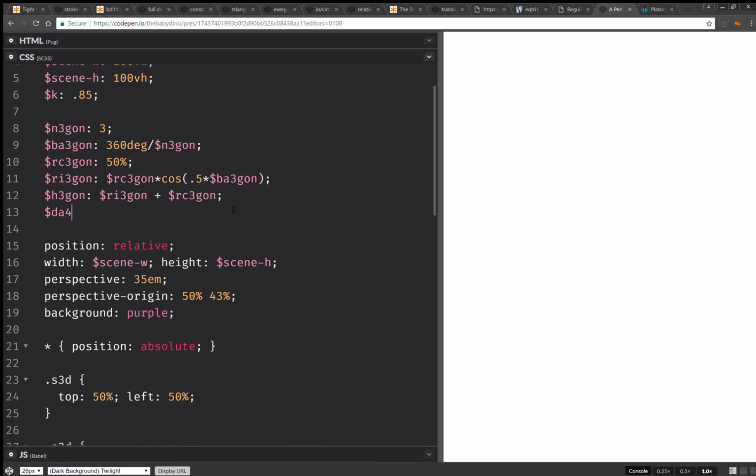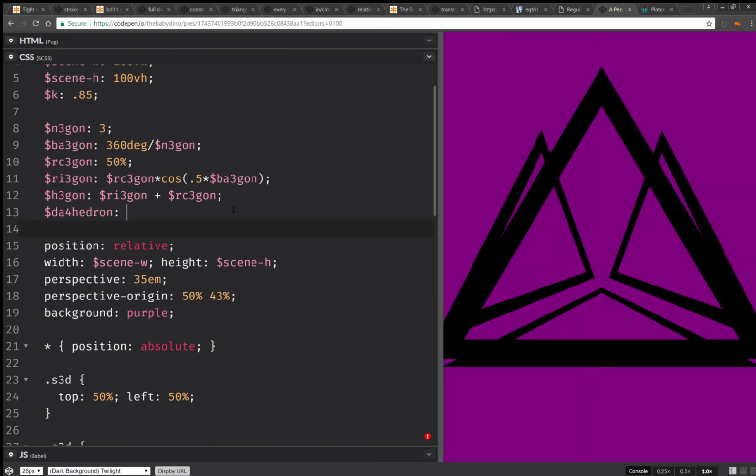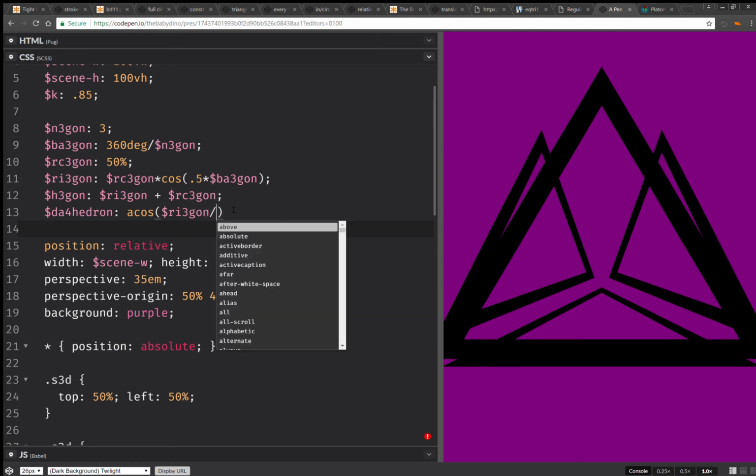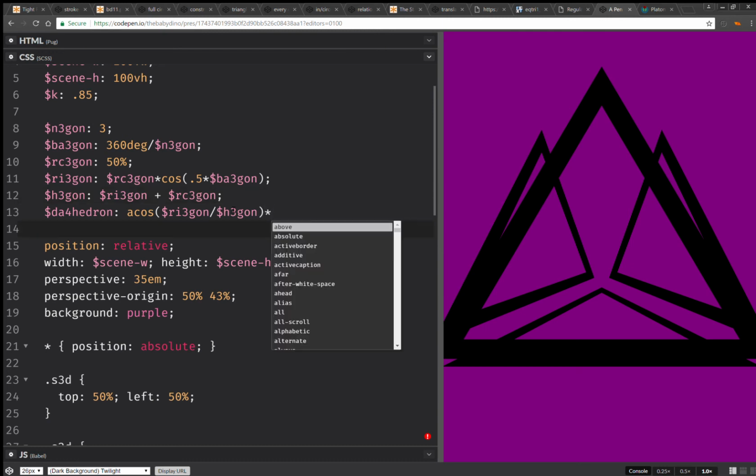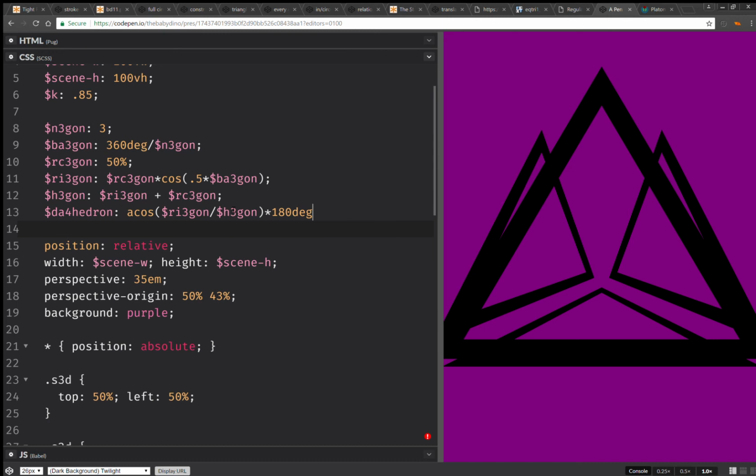So the dihedral angle is the inverse, the inradius over the height. And this gives us a value in radians, so we need to convert it to degrees. So we multiply it by 180 and divide it by pi. So we now have the angle between two faces.